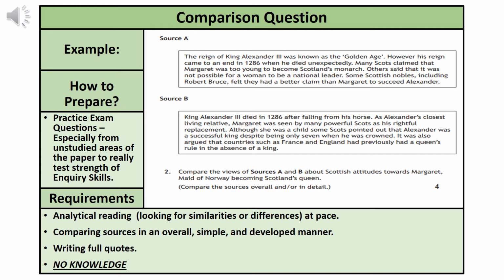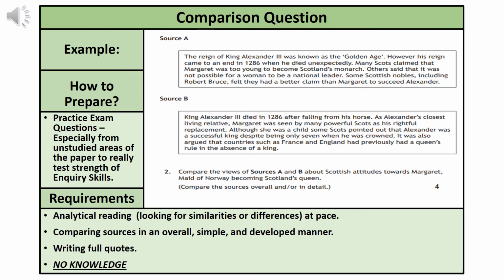So that's all they need to do, be able to read the source, pick out similarities and differences and say whether they agree overall, and then pick out specific points they agree on or disagree on, and then back those up with quotes. Students sometimes fail to write the quotes out in full. They sometimes stop short and therefore don't get the mark. So writing the full relevant quote is quite important. So students must do that.